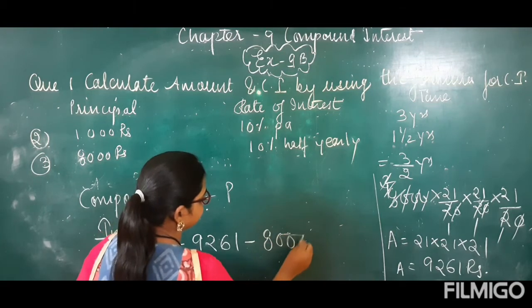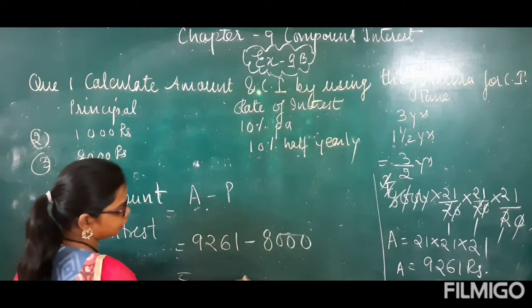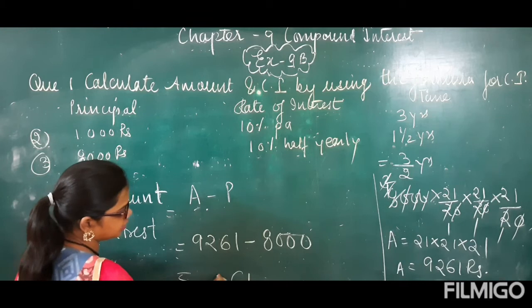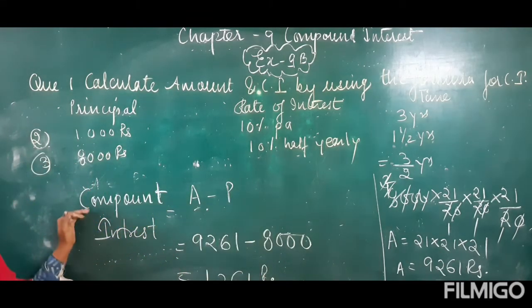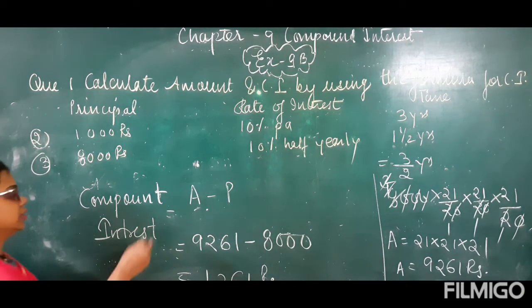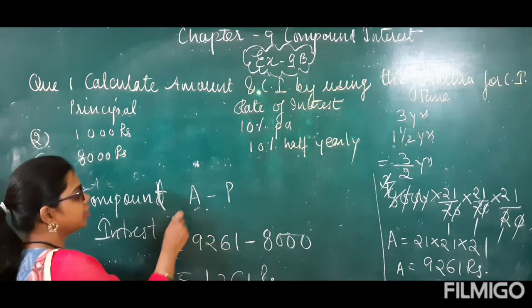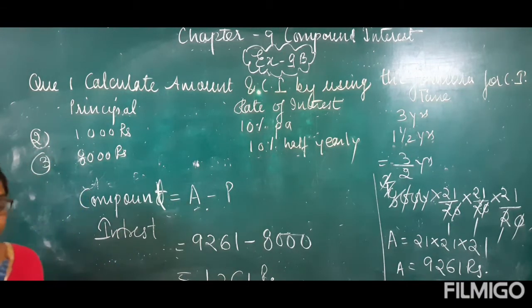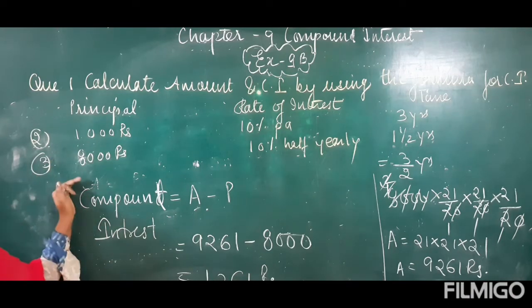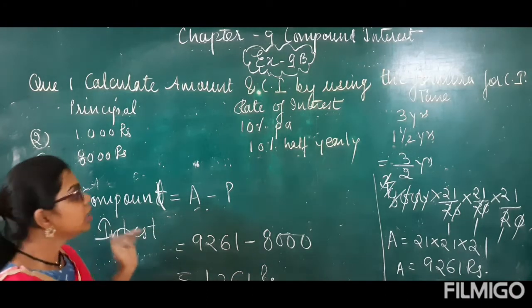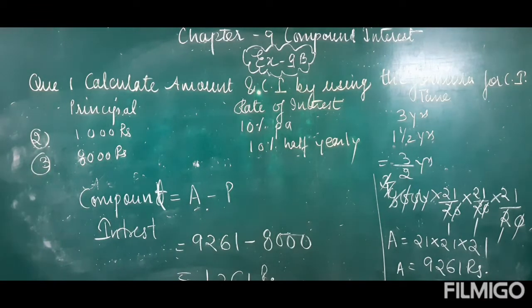So here you will get 1261 rupees. So you have found the compound interest, that is 1,261 rupees. Just remember, in the case of yearly and in the case of half yearly, which formula we are going to use.